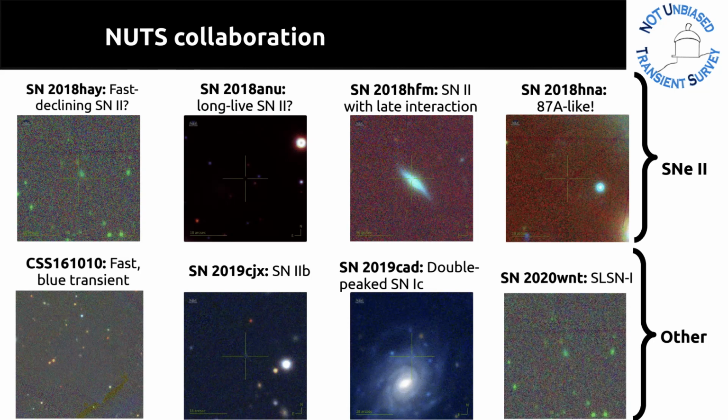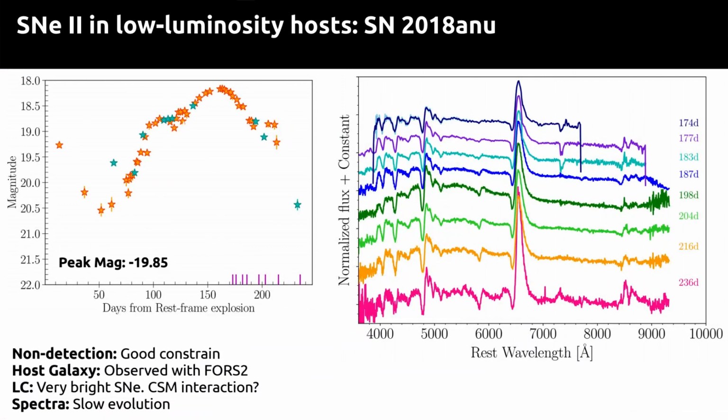We also have type 2b, double peak 1c, and superluminous supernovae. In this case, the spectrum is similar to 1c, but they are very bright. And we have a bonus, which is a fast blue transient. I will go very quickly through some of them, explaining why they are so cool.